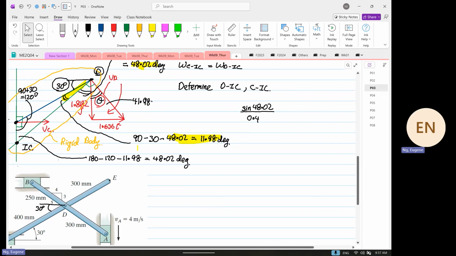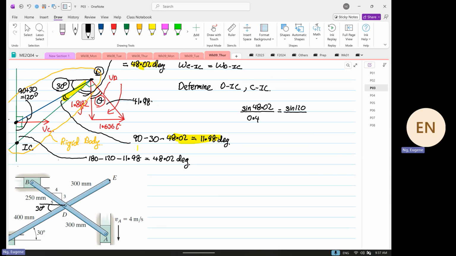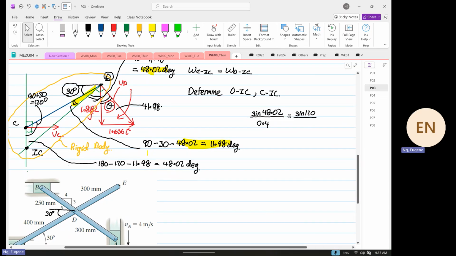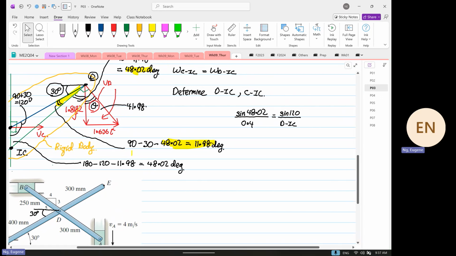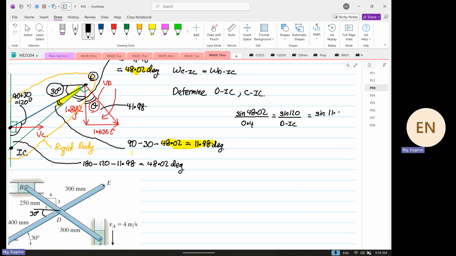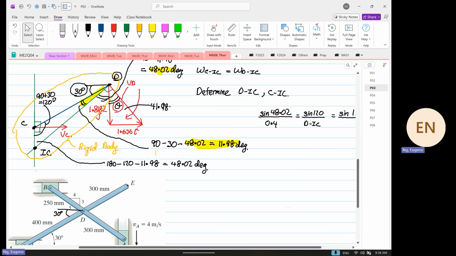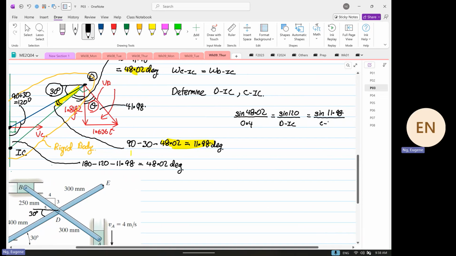Then we can use sine 120 will be equal to point D to IC. And then finally, sine 11.98, and then this will be equal to point C to IC.